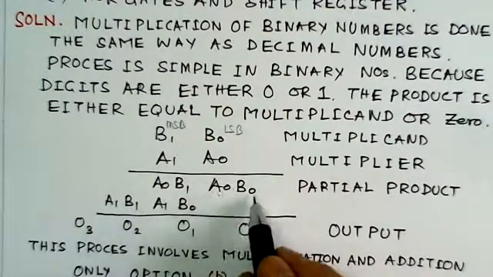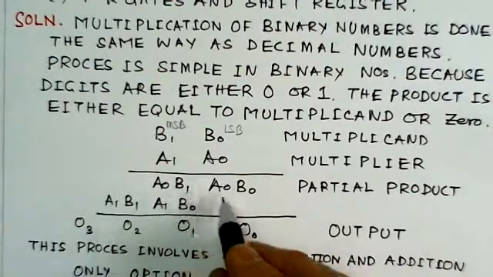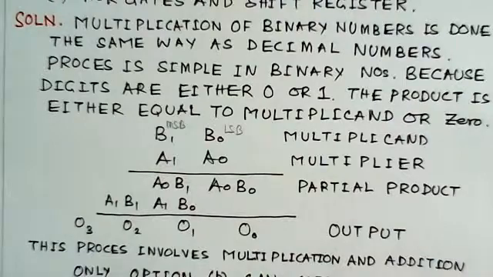So for the product terms we can use AND gates, very obvious. Now these partial product terms need to be added, so you need an adder. So you need 2 types of circuits: a circuit consisting of AND gates and a circuit consisting of adders.